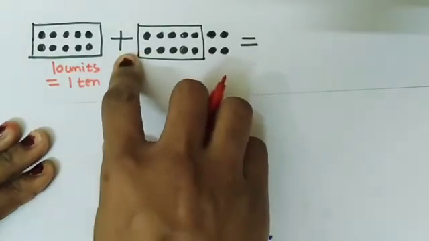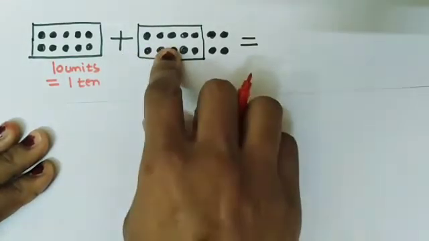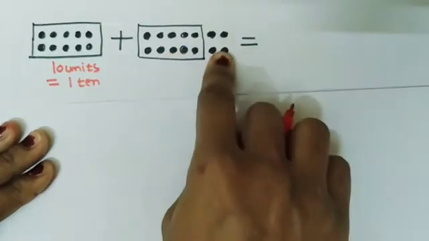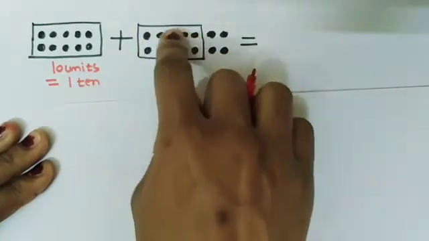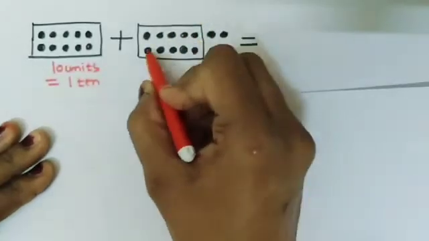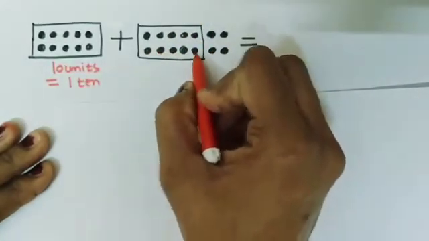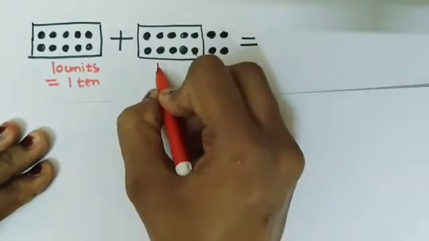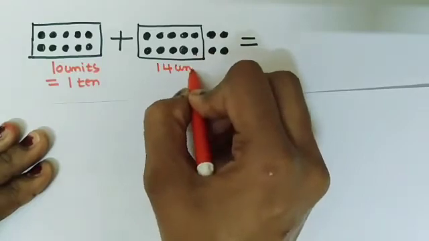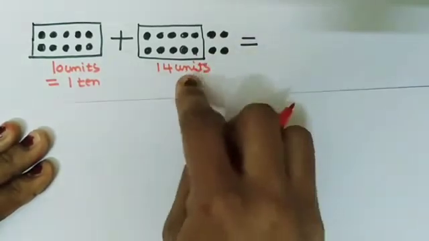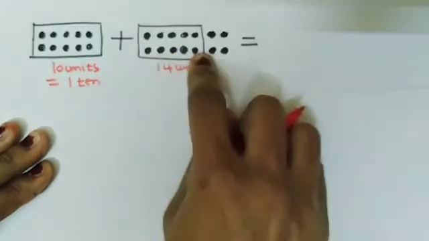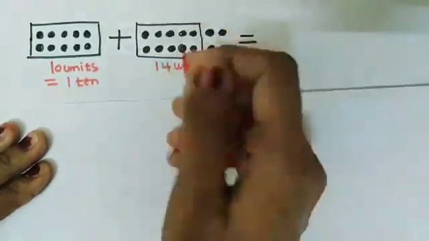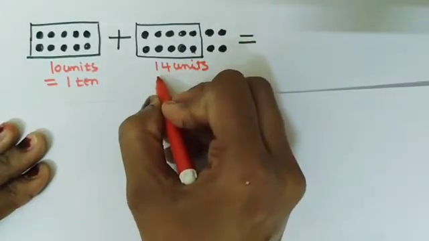Now what do we have to add? Here we have 14 units. 1, 2, 3, 4, 5, 6, 7, 8, 9, 10, 11, 12, 13, 14 units. In these 14 units you can take out 1 ten.